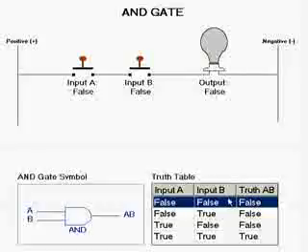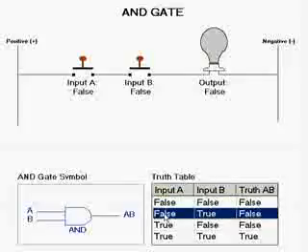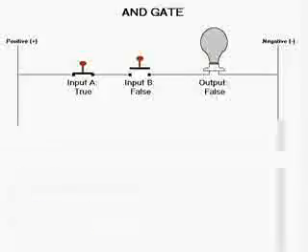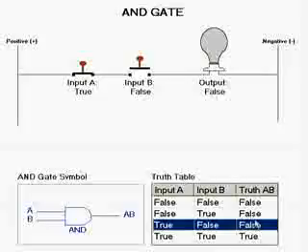But when the values of the switches are false and true, as you can see with input B is now true, the output is still false. Now the A input is true and the B input is false. The light bulb is still, or the output is still false.